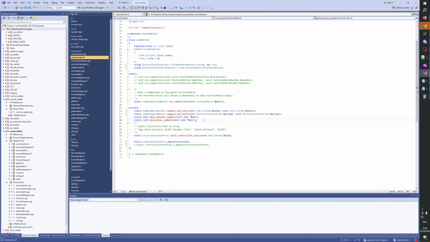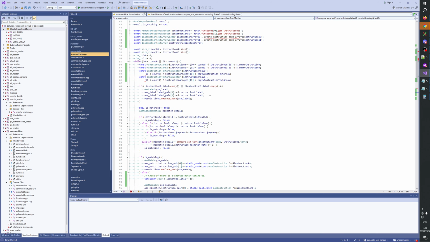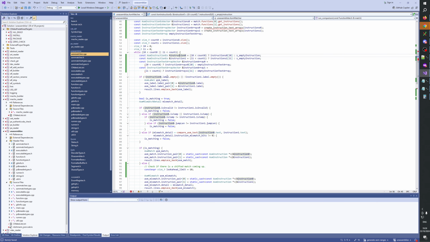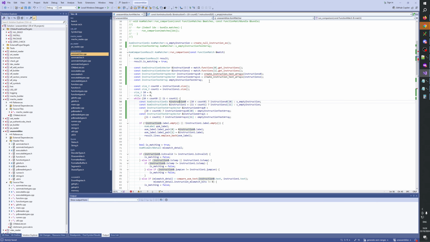Good. So what this allows us to do now is here, since we have these instruction arrays, we can now, what do we do with this guy? Instruction 0, checks the label, yeah. So here we also, oh, we already have this here.